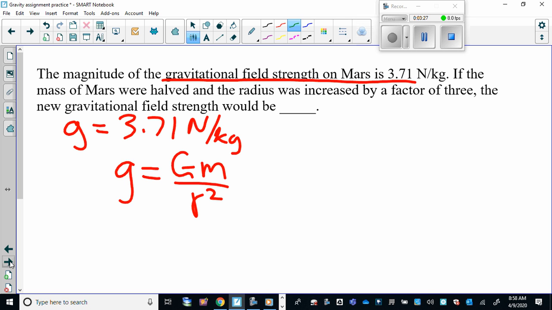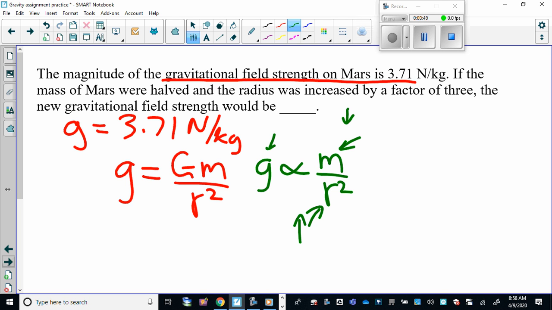More importantly for this question, the gravitational field strength is directly proportional to the mass and inversely proportional to the radius squared. So if m gets smaller, then gravity gets smaller. If the radius gets bigger, gravity also gets smaller because they're inversely related.